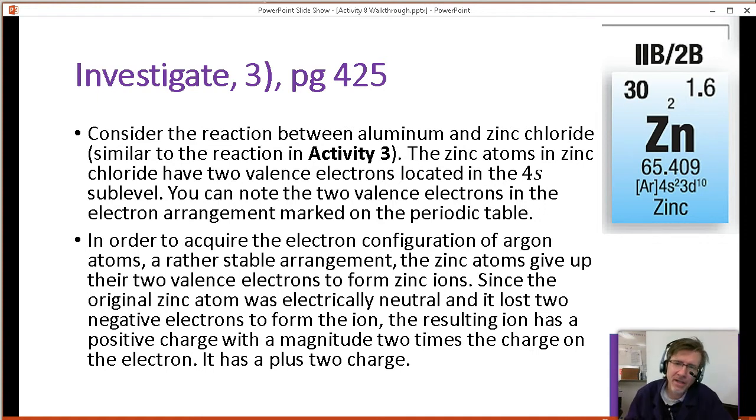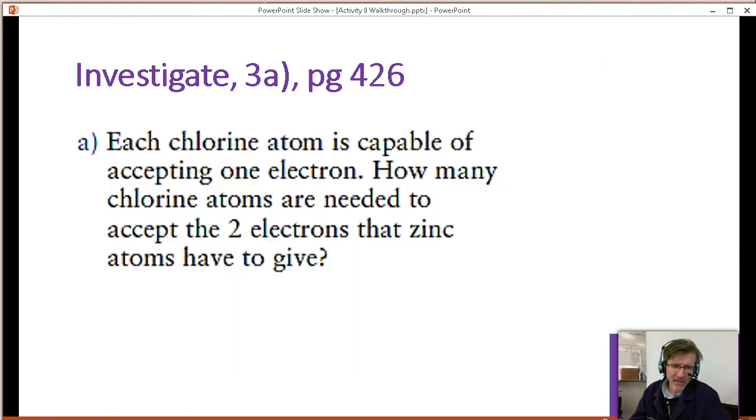Real quick question: is zinc a metal, a non-metal, or a metalloid? It's a metal, right. Since the original zinc atom was electrically neutral, and it lost 2 negative electrons to form the ion, the resulting ion has a positive charge with a magnitude 2 times the charge on the electron. It has a +2 charge.